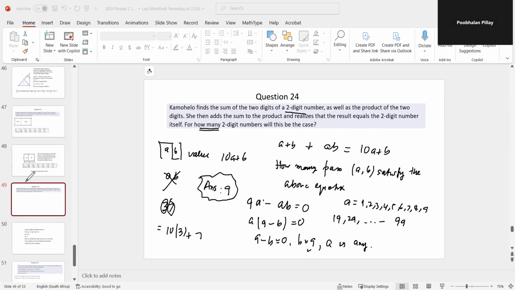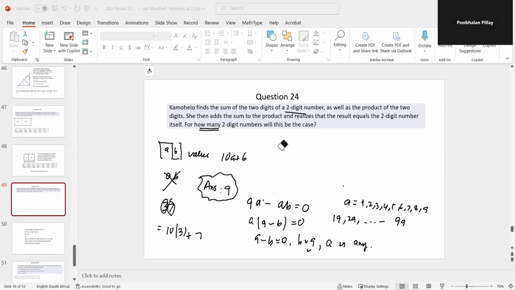Let's just check this out, because if you go back to your original problem, it says that these 2 digits have a very interesting property. Let's take any one of these solutions. Take 49. And what makes 49 work? Suppose you take this 2-digit number. What does Poobhalan do to this number? She adds the sum.